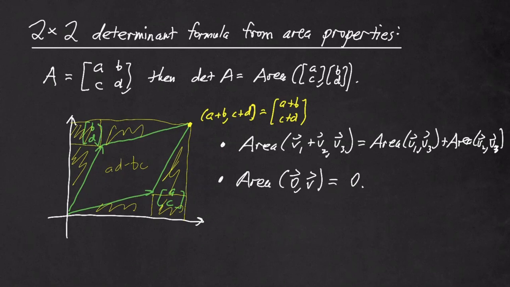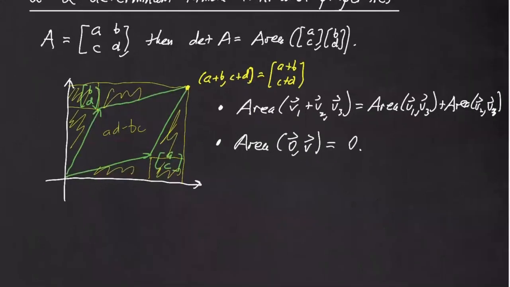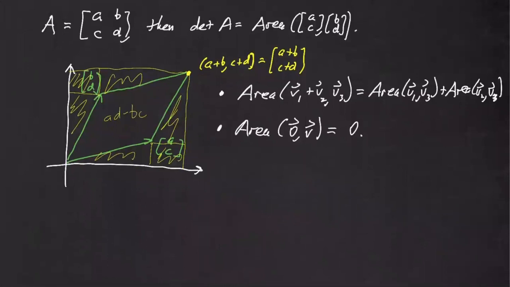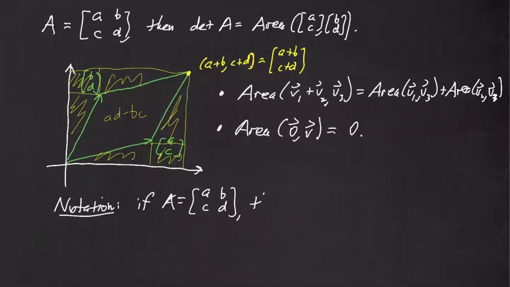There's a notational thing I should mention, which is that if A is the matrix ABCD, then the determinant of A is often written with vertical bars. It's going to look very similar, but it's more like an absolute value sign.